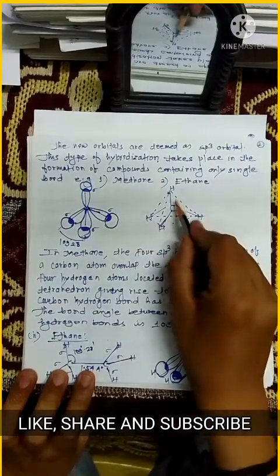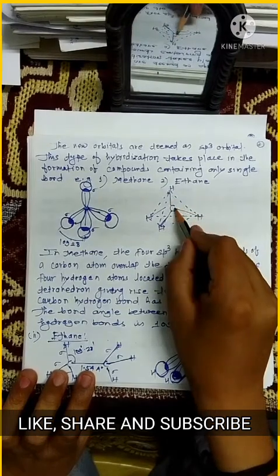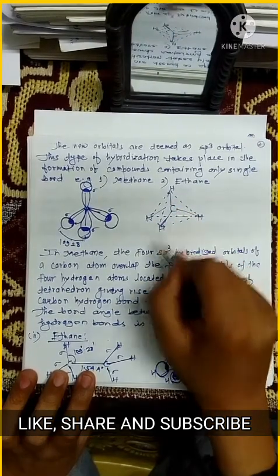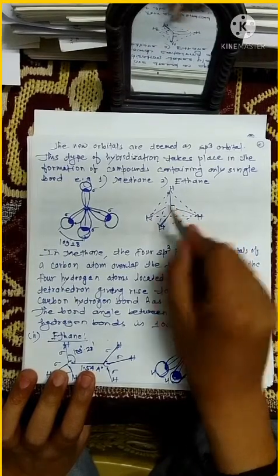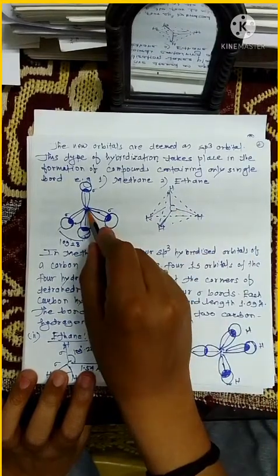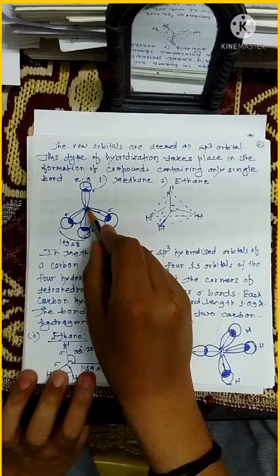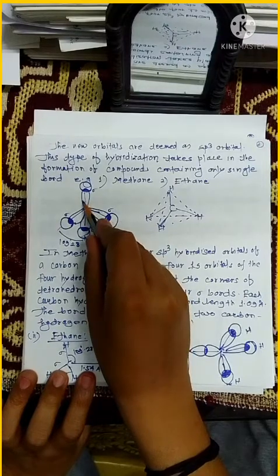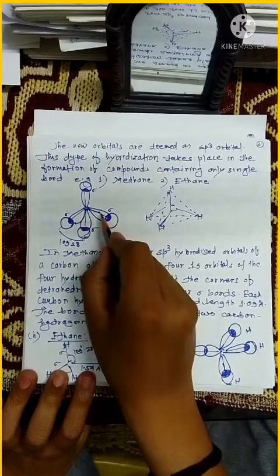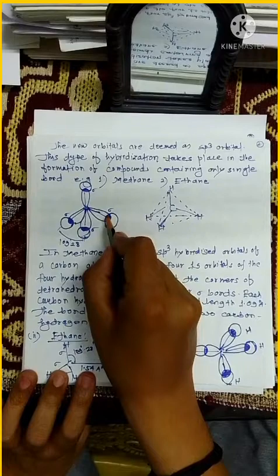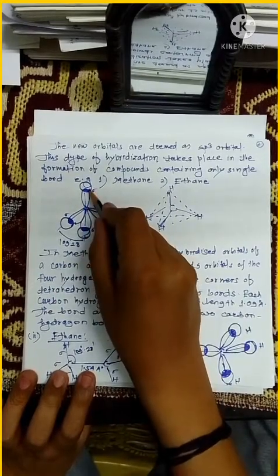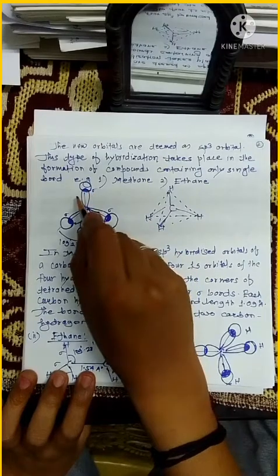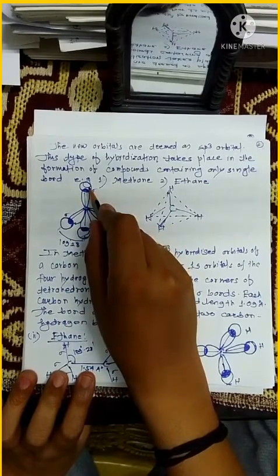So, just see, it is your ethane molecule. In this ethane molecule, your carbon undergoes sp3 hybridization and a set of 4 hybrid orbitals with a tetrahedral arrangement is obtained. Then each hybrid orbital overlaps with the s orbital of hydrogen.